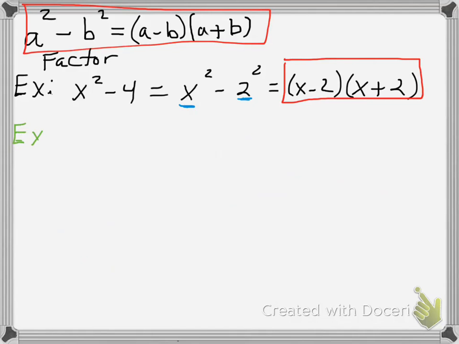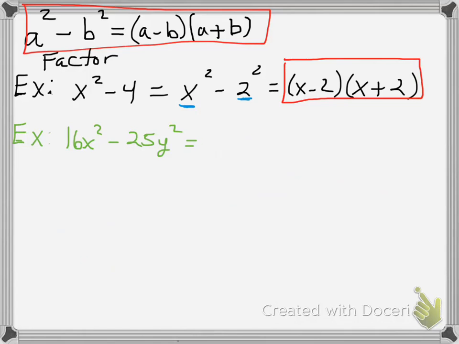Okay, we'll do a little green here, and we'll ask you to factor 16x squared minus 25y squared. So you can always pause the video and try it on your own. Again, I see two terms. I see subtraction in the middle. 16 is a perfect square, x squared is a perfect square, 25 is a perfect square, and y squared is a perfect square.